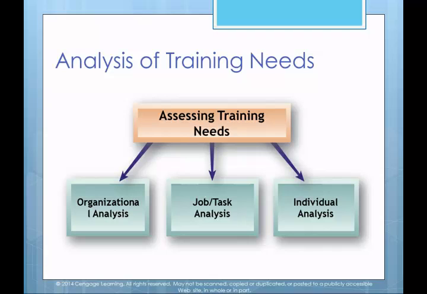Job task is the second level of analysis, and that's a need to review the jobs involved and the tasks performed. Again, it's comparing the requirements of the job with the knowledge, skills, and abilities. So, for example, at a manufacturing firm, analysis identified the tasks performed by engineers who served as technical instructors for other employees.